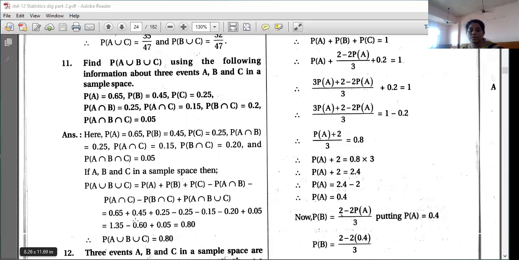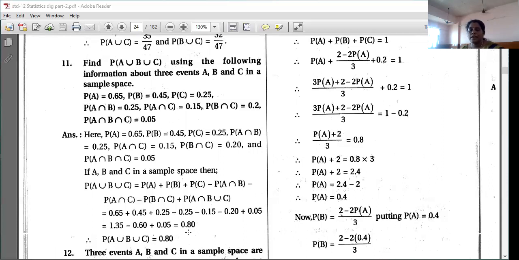That comes to 1.35 minus 0.60 plus 0.05. So your answer for P of A union B union C is equal to 0.80. Okay, this is the solution of your 11th sum.